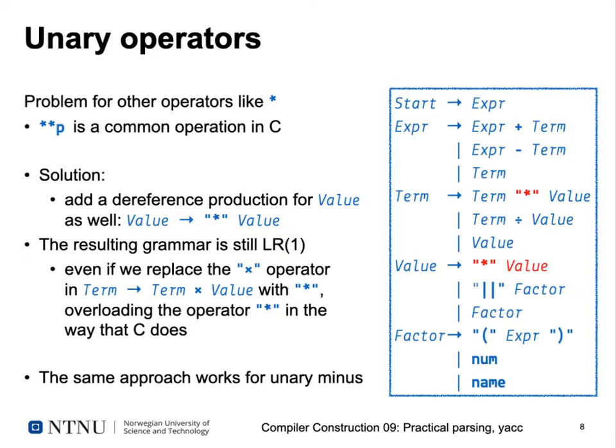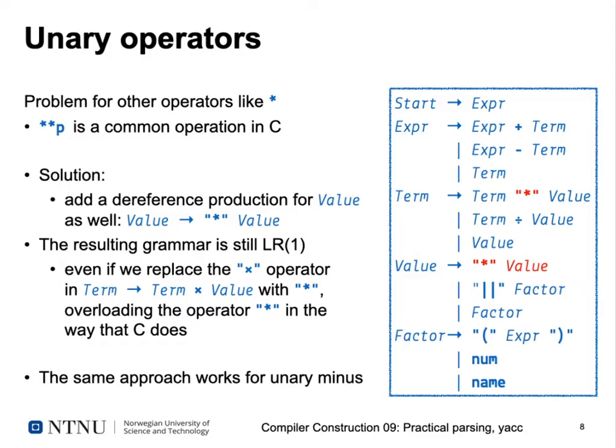So how can we solve this problem of double operators and similar things? One solution here is to add a dereference production for value. So essentially similar to our absolute value operator, now we also provide a dereferencing operator to our value production here. So we have an additional production here that has the star operator in front of value.